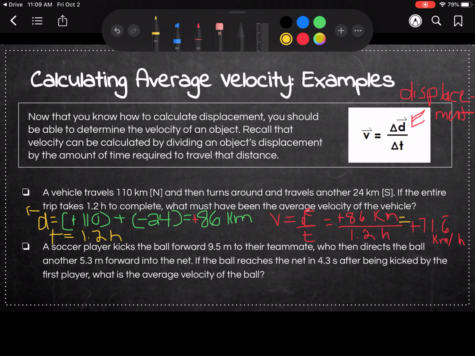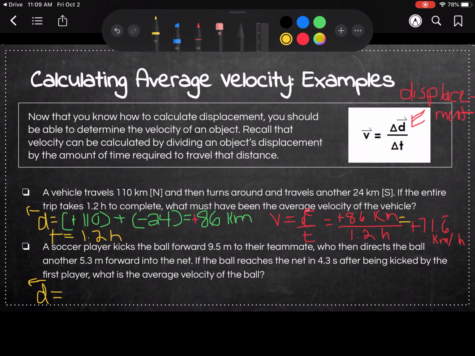It says a soccer player kicks the ball forward 9.5 meters to their teammate. So this is another displacement question, or an average velocity. I'm going to write my little displacement with an arrow, and I'm going to write down this first number.